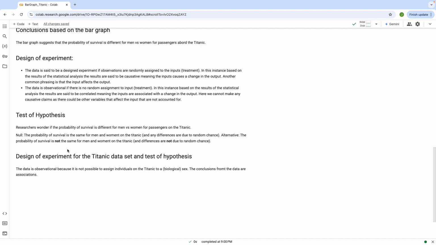And in terms of a statement of an effect, it's that gender does affect the probability of survival. Okay. Since this data is observational, we cannot claim causation. Any conclusions are simply correlations or associations.